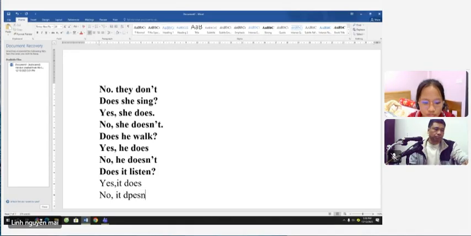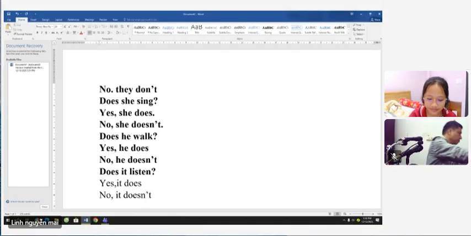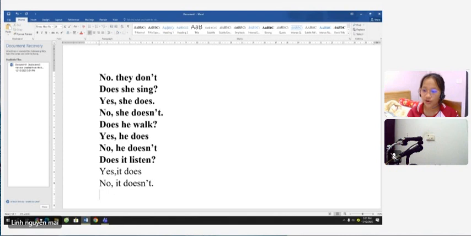Okay. No, it doesn't. Easy, right? This is the form of yes no question for the normal verb in the simple present tense. Okay. Next one, we will learn about the WH question.